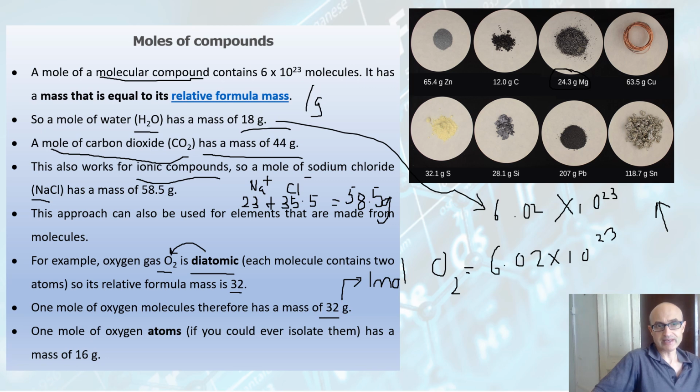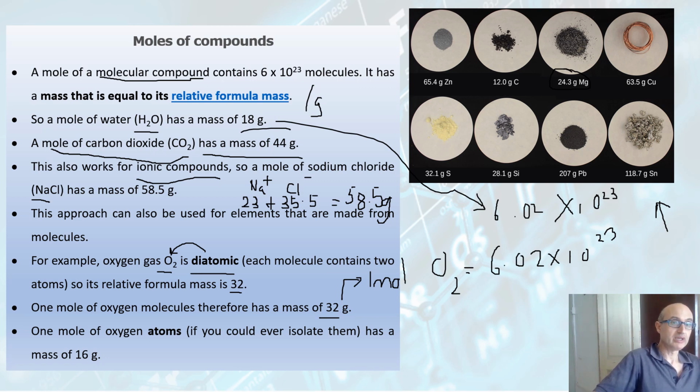Likewise, lead has a very high relative atomic mass. It's a very heavy metal, actually classified as a heavy metal. It has a relative atomic mass of 207. If I want to know the mass of 1 mole of lead atoms, all I have to do is put the g after the 207. 1 mole of lead is 207 grams.